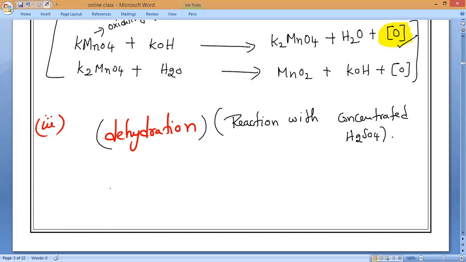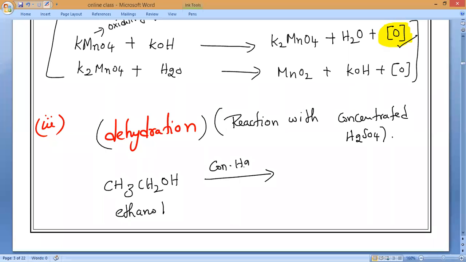Write it: ethanol, CH3CH2OH, ethyl alcohol. If you react it with concentrated H2SO4 under a temperature of 443 Kelvin.